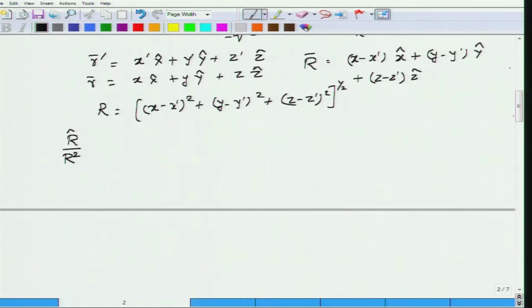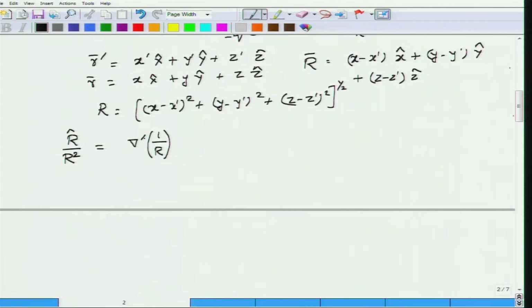This quantity is actually related to the gradient of 1 by r. Now 1 by r is definitely a scalar function. So this might look okay, because gradient operates on a scalar and gives you a vector, and on the left hand side there is a vector.